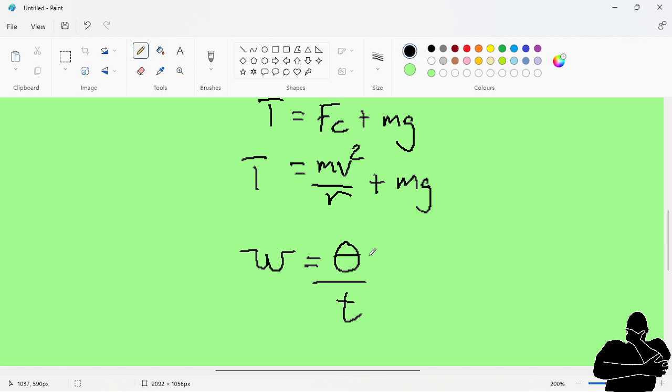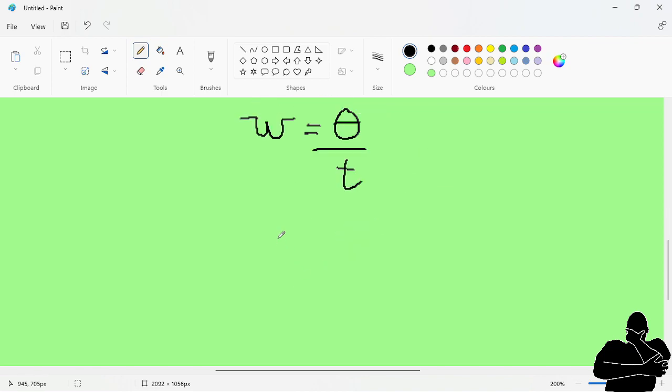So that linear speed would be the length of the arc swept out, which is theta times the radius. Because this is the distance and we want the speed, we divide it by time. So we have omega times r divided by t is equal to v. Up here we have omega is equal to theta divided by t.